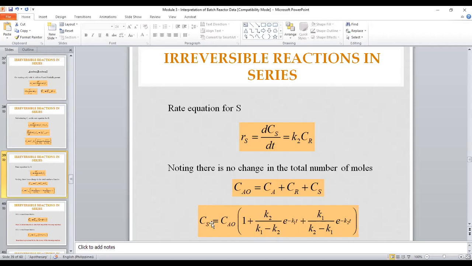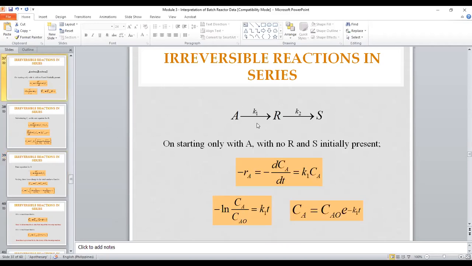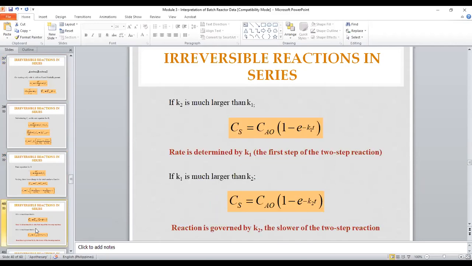Now, what are the things that we can deduce or generalize from the formulas we derived for our two-step irreversible reaction in series? These are the generalizations.